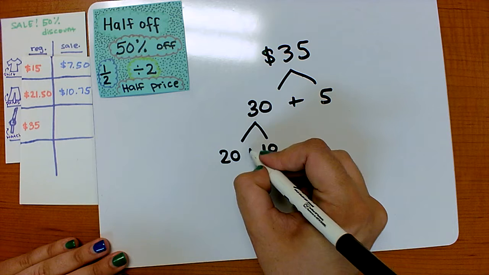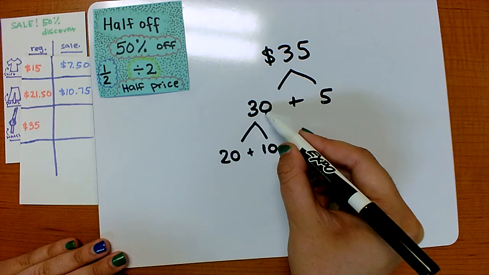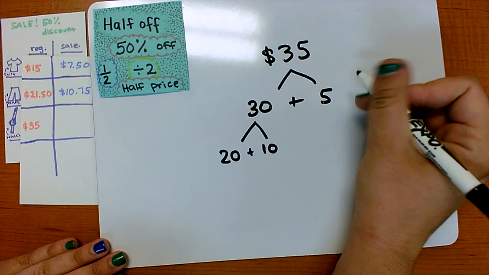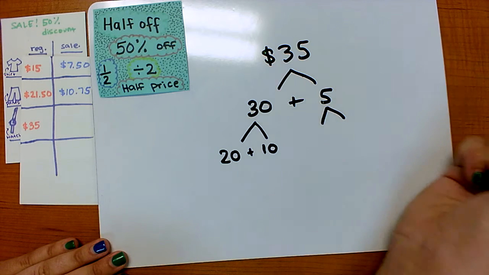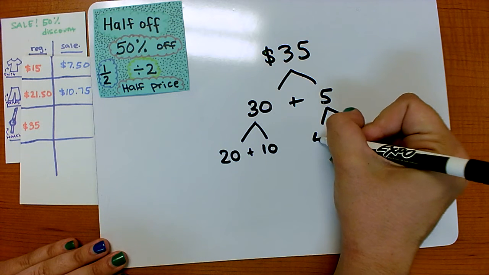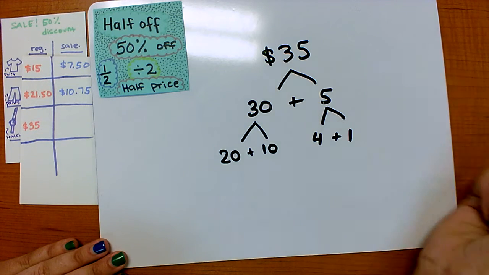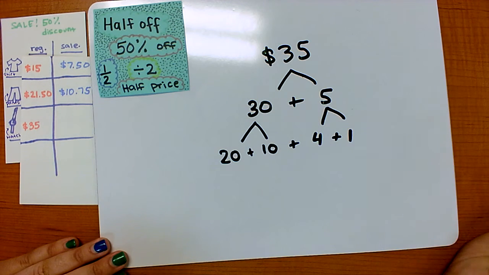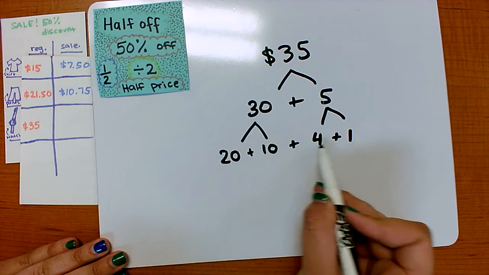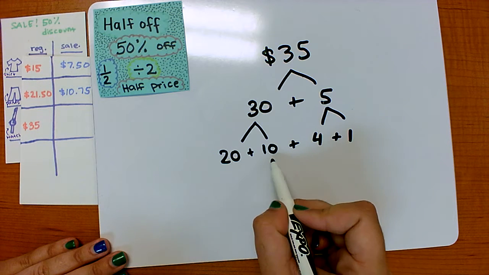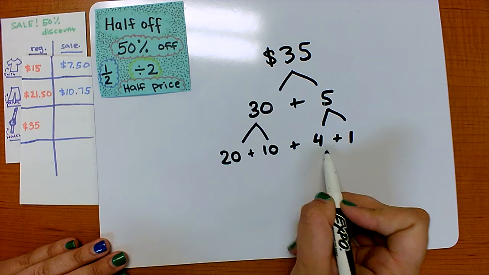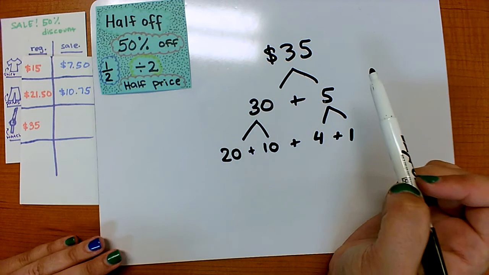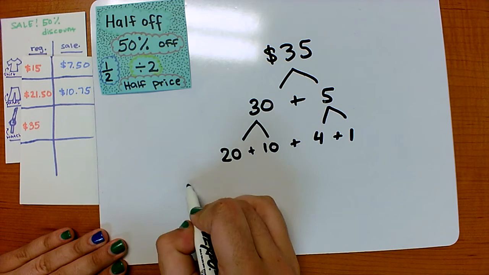You don't have to do that part if you know off the top of your head that half of 30 is 15. 5, an odd number, not going to do it. I'm going to split it into an even number and another odd number that I'm comfortable with. 20 plus 10 plus 4 plus 1. 30, 34, 35. That is the full regular price of this watch.